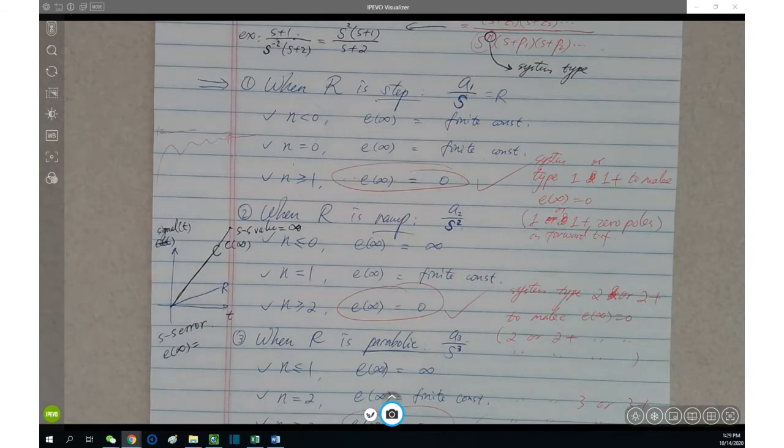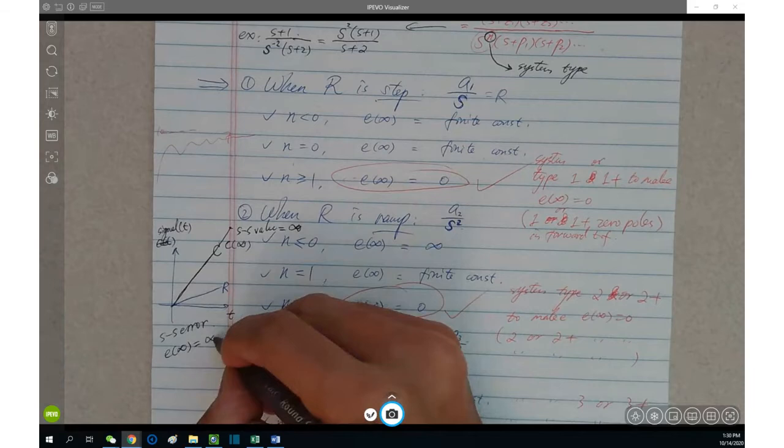Yes, at t equals infinity. Therefore, the steady state error is what? The concept is correct. So what is the result? C of infinity minus R of infinity. Therefore, equals what? E of infinity. Infinity as well.